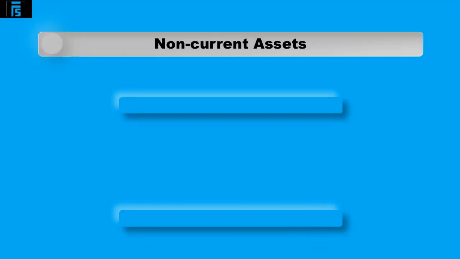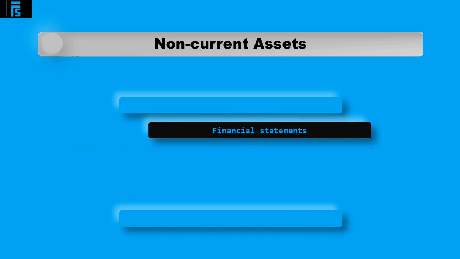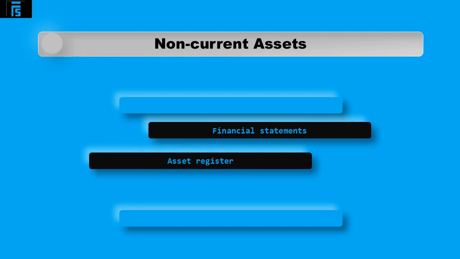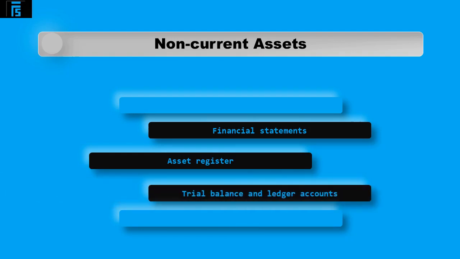With a few general procedures out of the way, we can now look at some specific balances you might see in an exam. We will start with non-current assets. In order to ensure non-current assets are audited effectively, the auditor will need to review the financial statements, including the statement of financial position and the non-current asset note; the asset register, which includes all details relating to the assets held by the company; and the trial balance and ledger accounts forming the non-current asset balance.